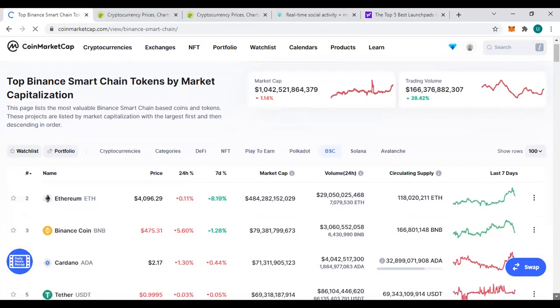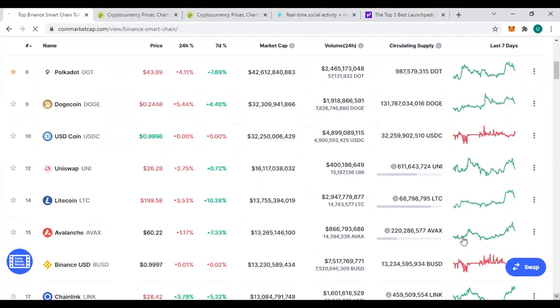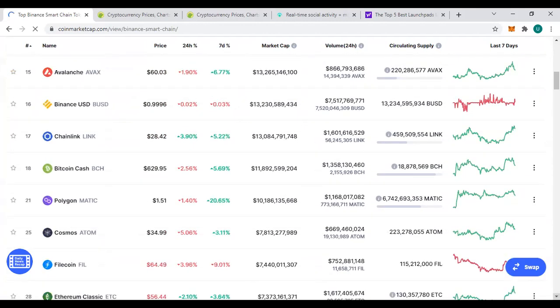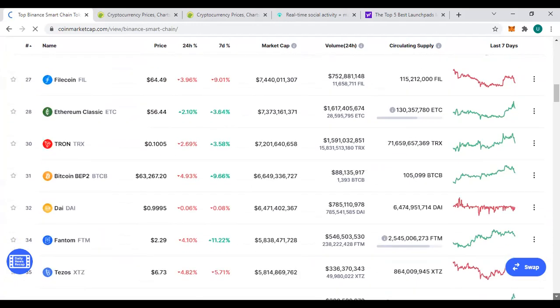That's why I think Ethereum, BNB, Cardano, all of them are here because they have similarities. They have a BNB wallet address because of the lesser gas fee that BNB charges. Avalanche has its own ecosystem, even though they have a BSC partnership, so that's why you're seeing them here.